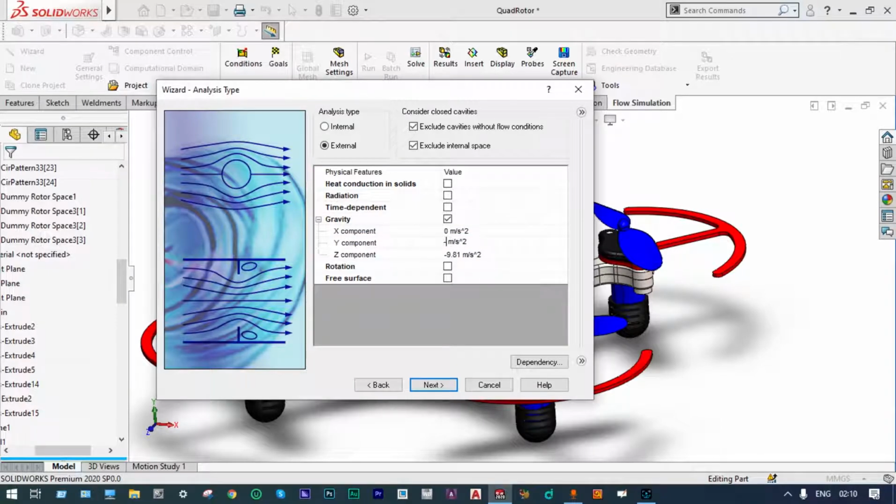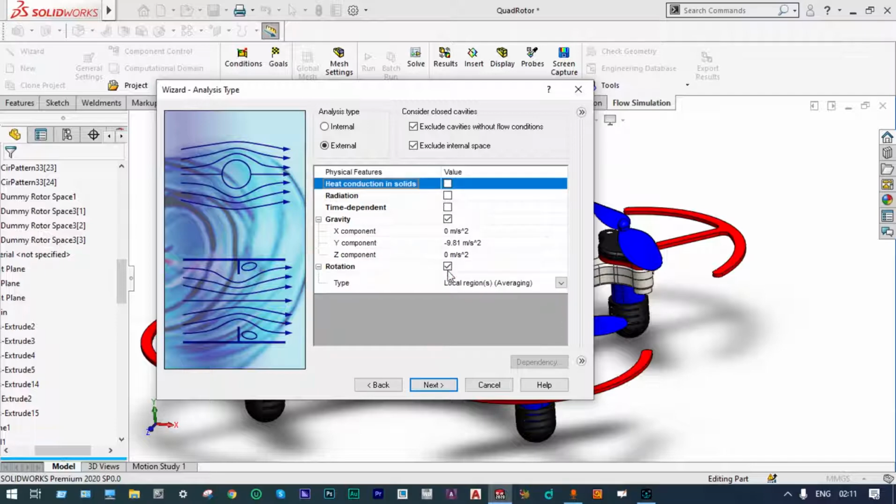Along y it will be minus 9.81 meter per second square, and along z it will be 0. And definitely rotation will be involved, and we are considering local regions averaging.